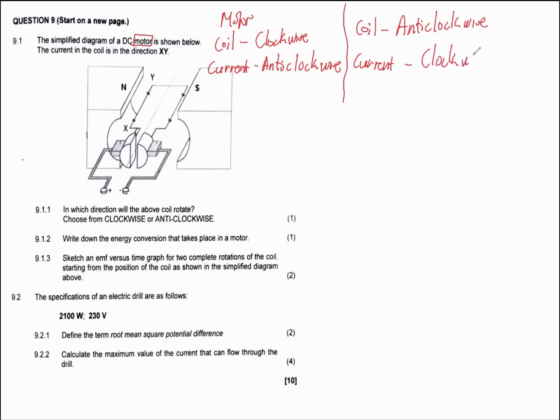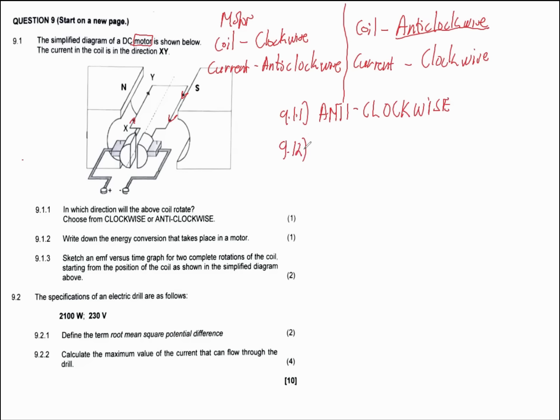Clockwise. Now we can see that this current here is clockwise. The current is clockwise, meaning that the rotation has to be anti-clockwise. So for 9.1.1, we're going to say anti-clockwise. Because remember, with the motor effect, the rotation of the coil and the direction of the current are in opposite directions. Always note that.